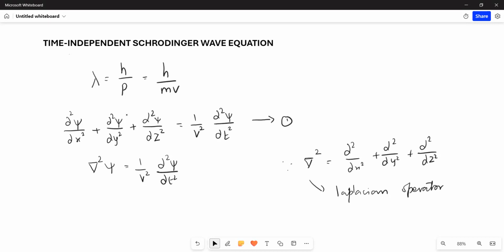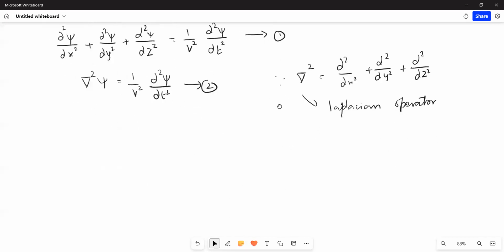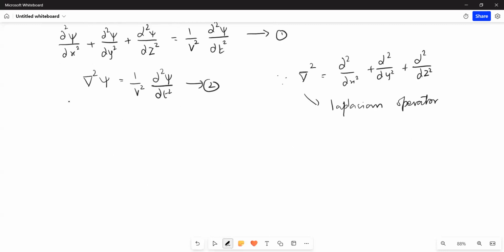Now from this equation, we need to derive the time-independent Schrödinger wave equation. Consider this wave equation, del square psi equals 1 by v square dou square psi by dou t square. Now we need to think about the solution for this wave equation.